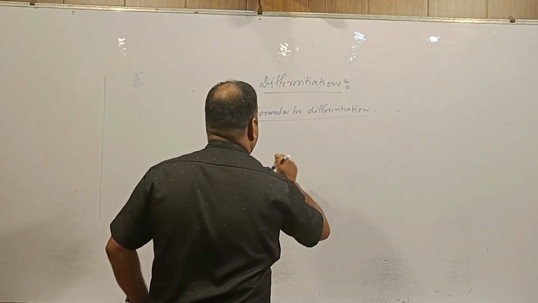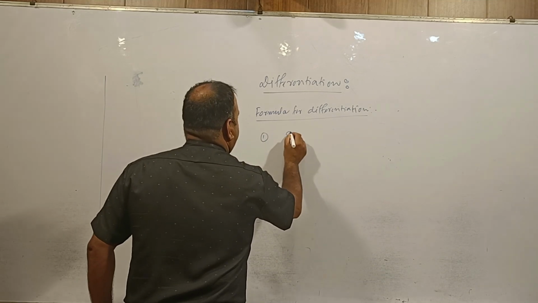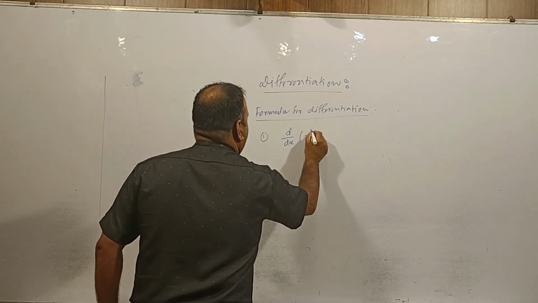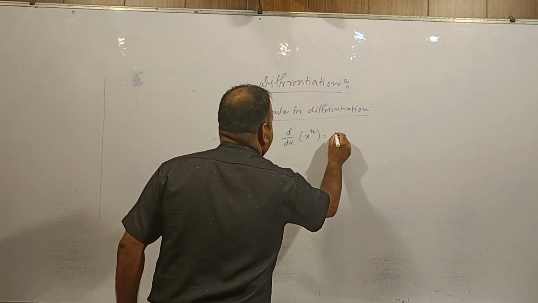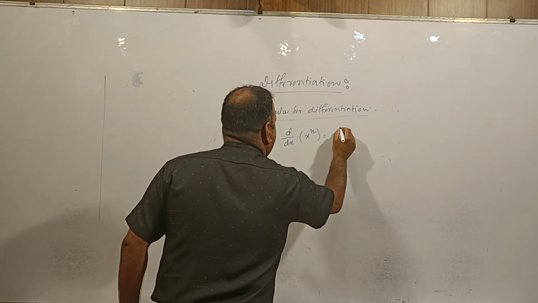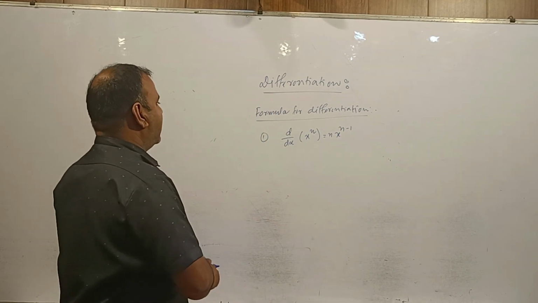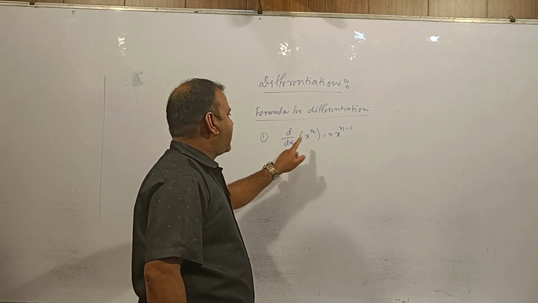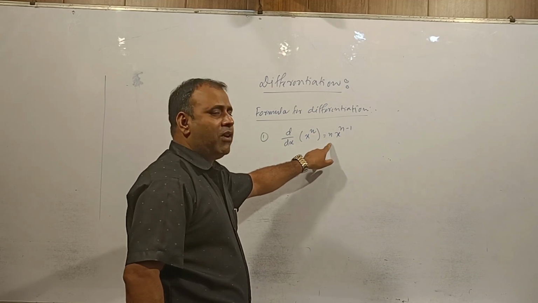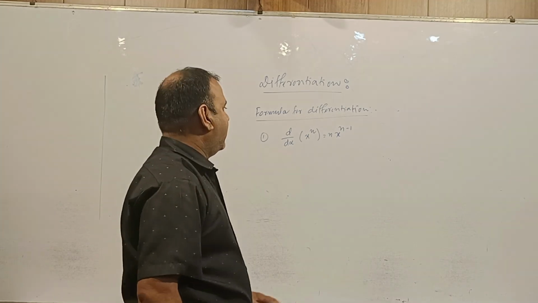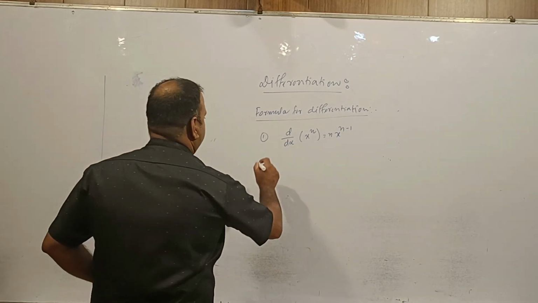So formula number one: d/dx of x to the power n is n x to the power n minus 1. Remember, if d/dx of x to the power n, then the formula will be n x to the power n minus 1.